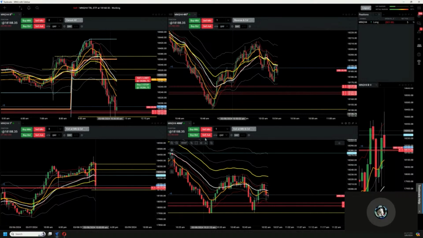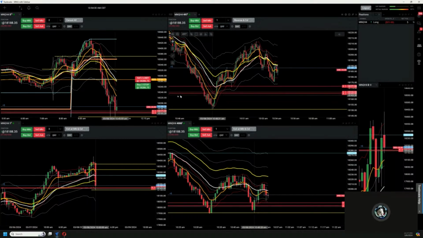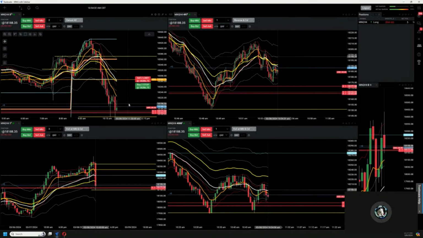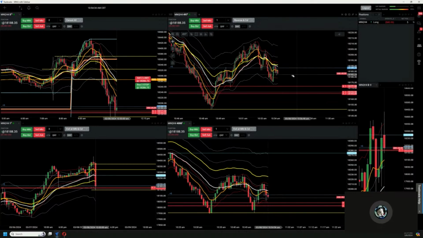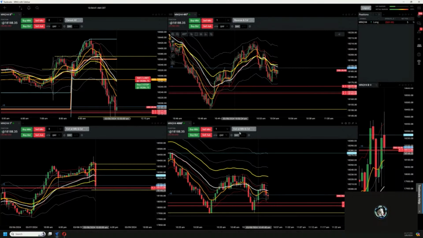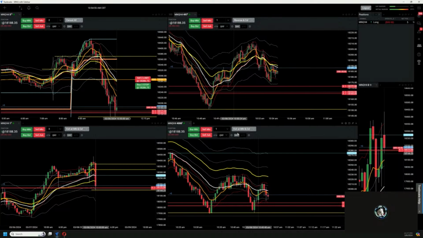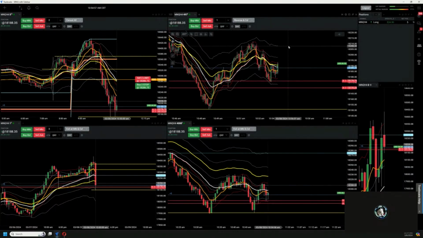One more minute in this candle. If this candle closes decent, then there's going to be follow through to the upside, I would assume. There we go.